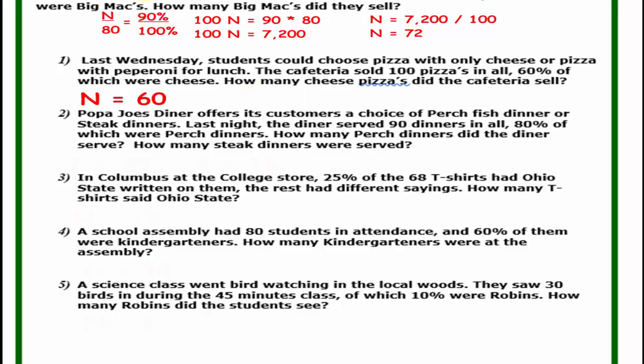Now remember this, okay, let's see if we can do this for you. Remember we have an n, right? And over the n, we want to place the number of pizzas we sold. That would be 100, right? And it's going to equal to, what's the percent? 60. 60% over 100, right?